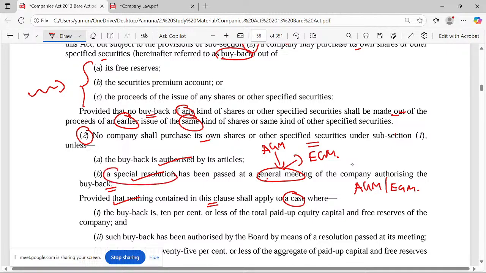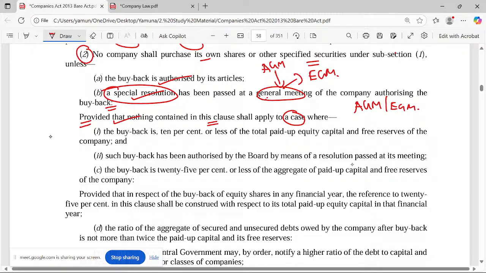When is this special resolution required? To understand this, we should understand when it is not required, which is the non-applicability of this subsection. It says if the buyback is 10% or less than that. Now I'll come here.